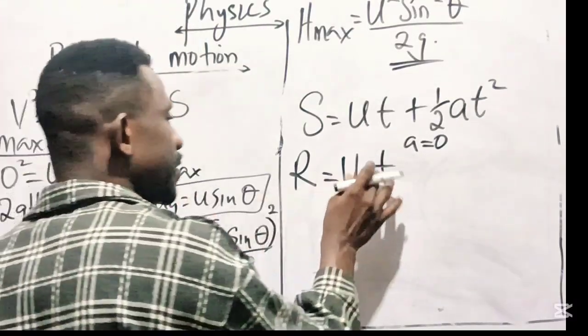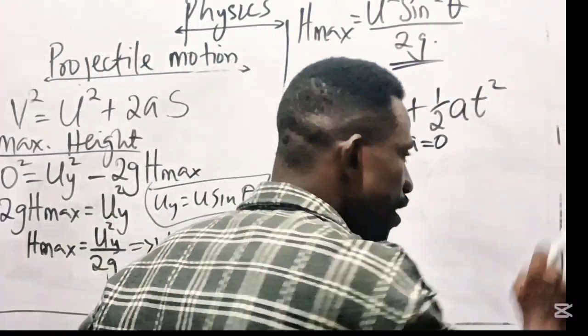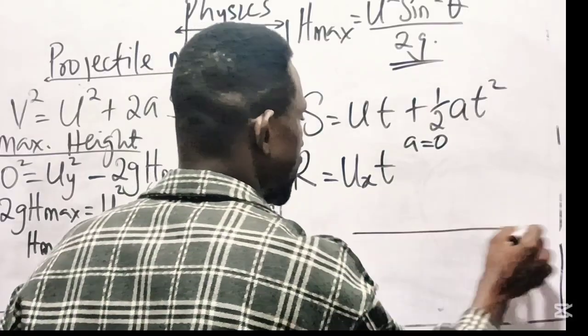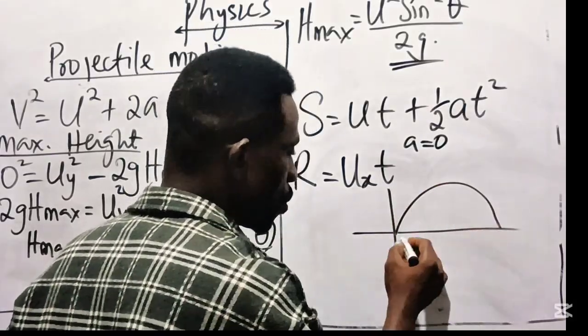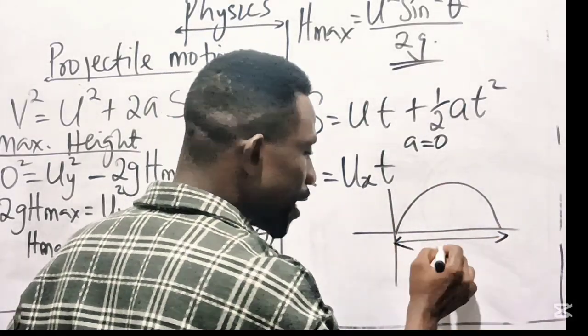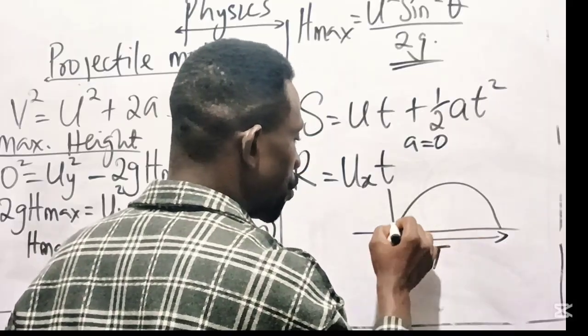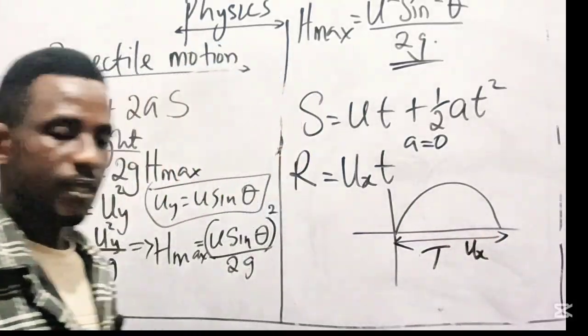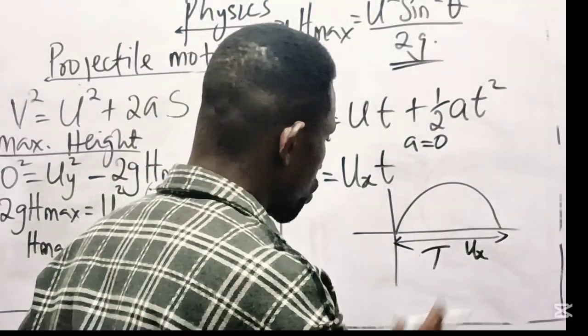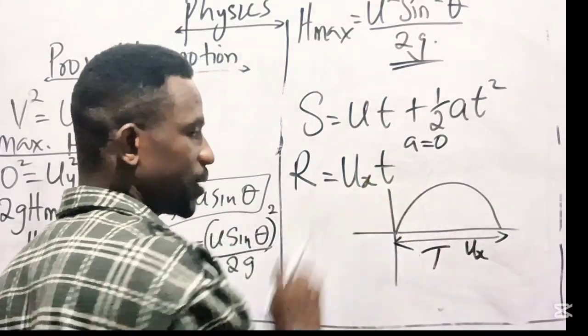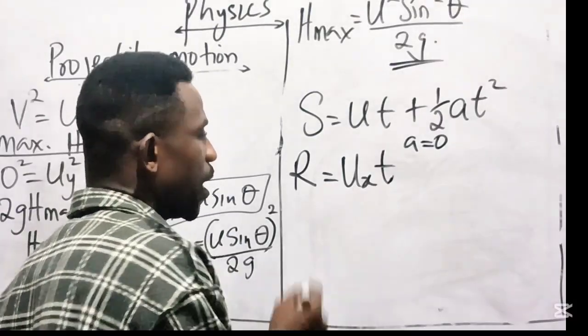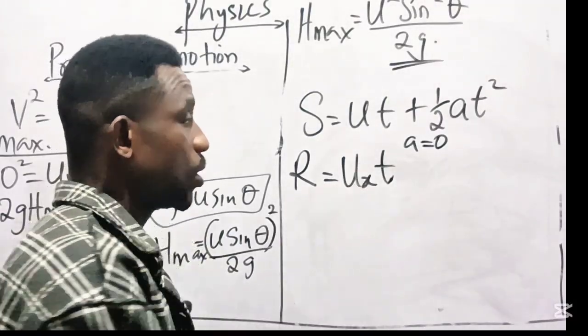Now, this t is the total time of flight because we are talking about the range. We're talking about something like this. This is the range. So from here to here, we're actually talking about total time of flight, then the horizontal velocity, the horizontal speed. So we are considering these two. So if r is equal to uxt, what should we do?